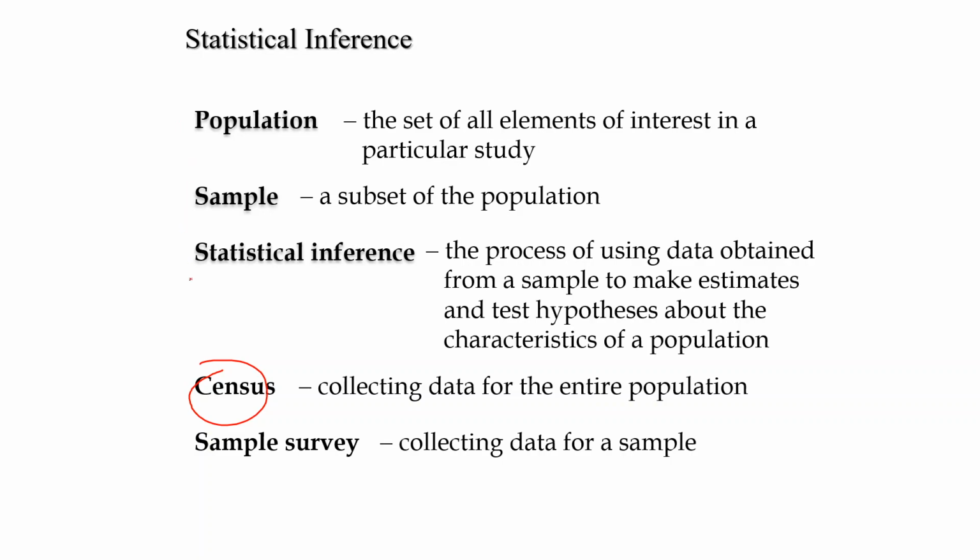However, if you don't have that luxury, the money, the time, the power, you're just going to focus on your sample. To get the values for your sample data, you use a sample survey. So that's how these four concepts are connected. The census is the method you use to know the population directly, and the sample survey is the method you use to understand the sample.